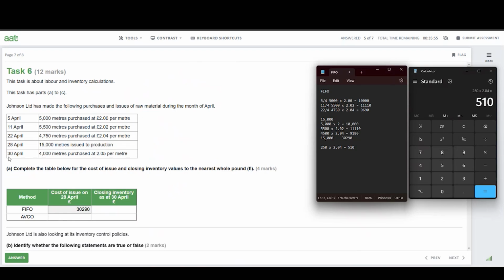Take care now. You'll notice there was a further receipt after the issue was made. We're doing our valuations for the month of April, so we need to make sure we include that receipt. So there is a further 4,000 units purchased at £2.05 per metre.